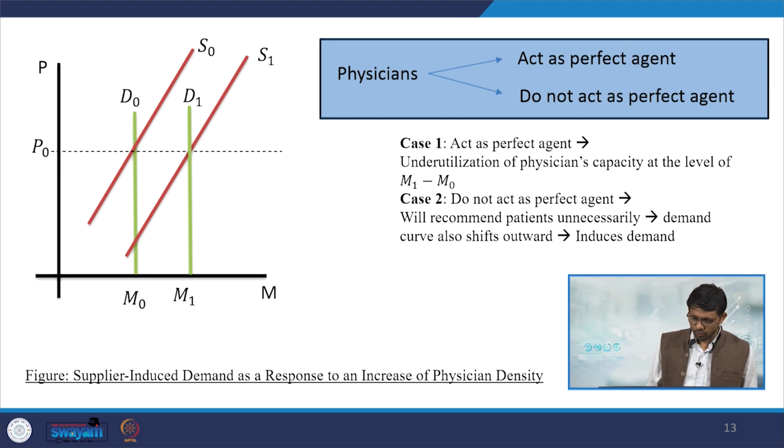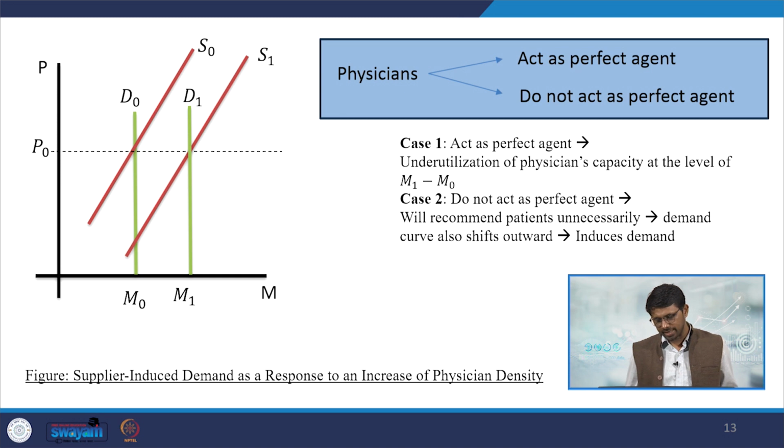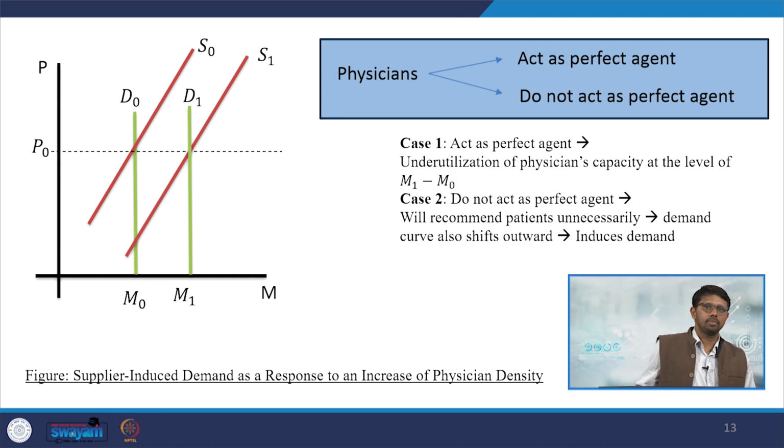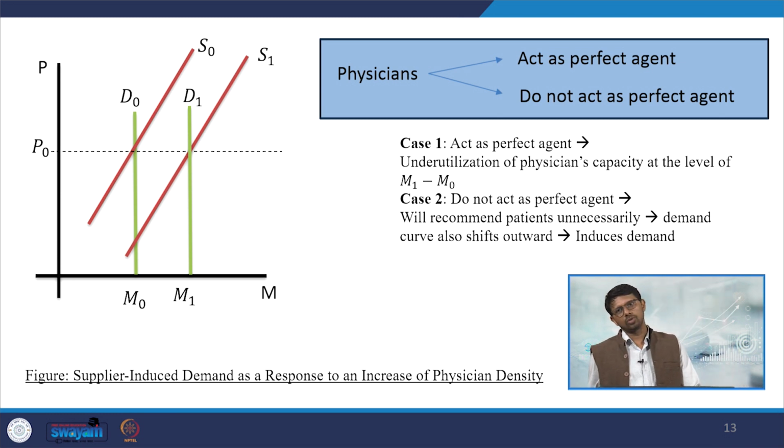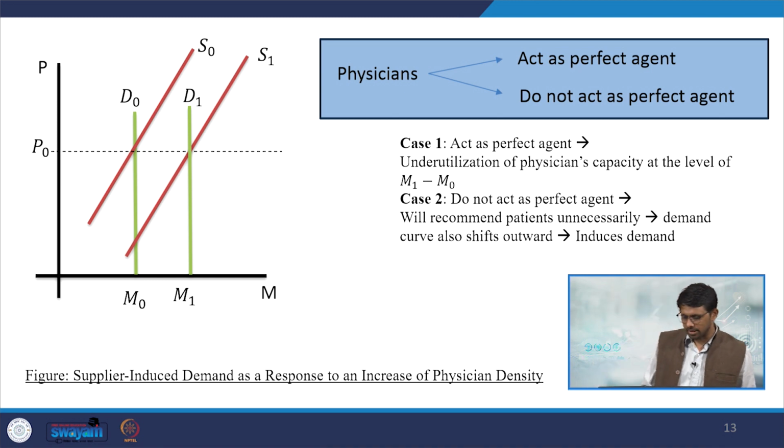Whereas if they do not act as a perfect agent, they will welcome all demanders up to M1. Since the supply side shifts are there, they may induce the demand, and demand might shift towards D1, but that is not the case where they act as a perfect agent.